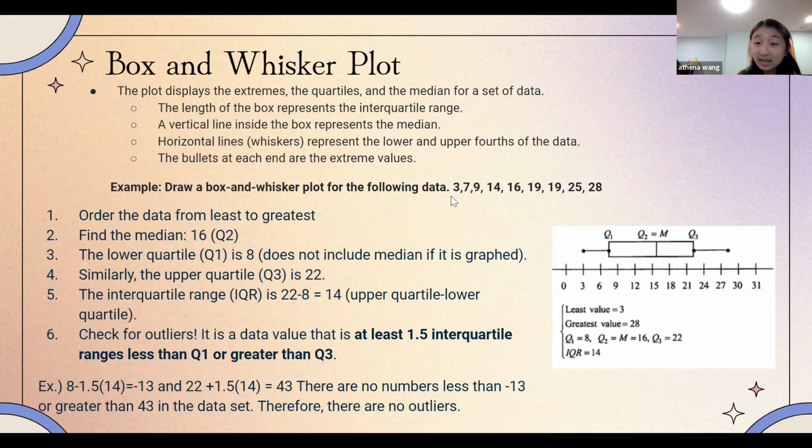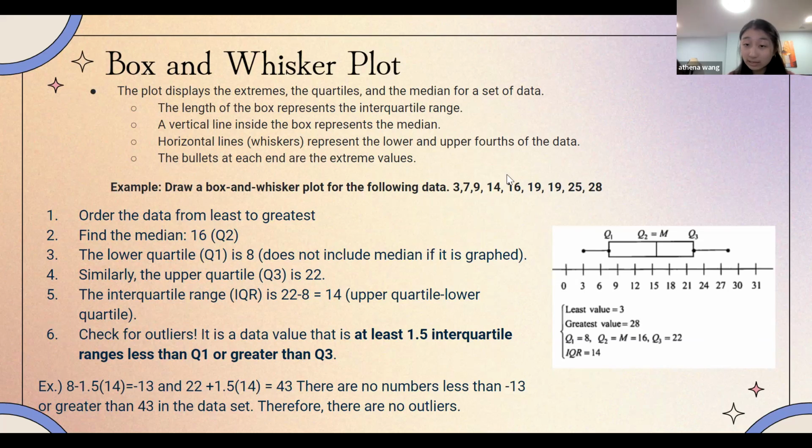In this case, there are, I believe, 9 values, and so we take the fifth value, which is 16. That is the median. That is quartile 2.